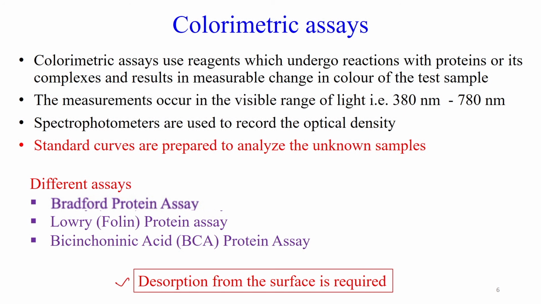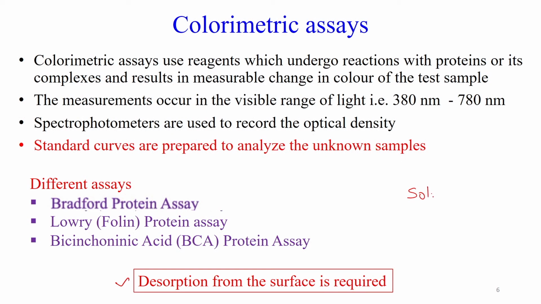If you can desorb the adsorbed amount in a small volume, we can have a higher concentration of protein suitable for analysis, because in the solution depletion method there is no significant change in the bulk concentration.